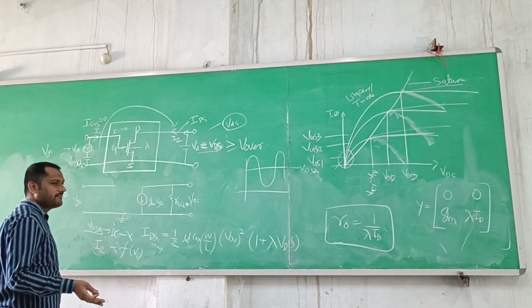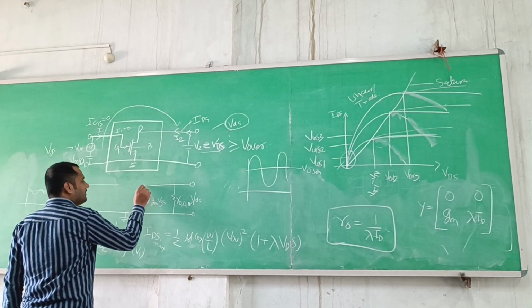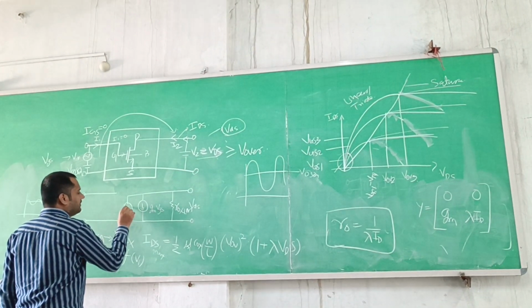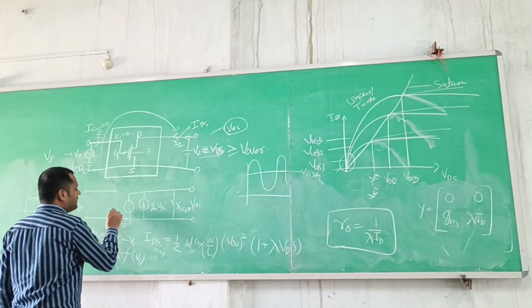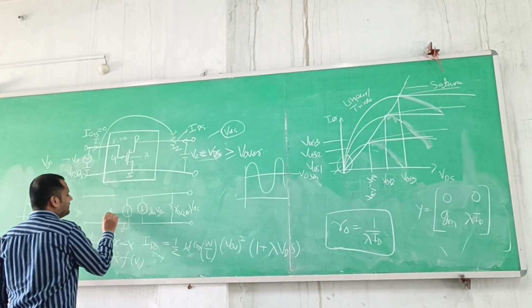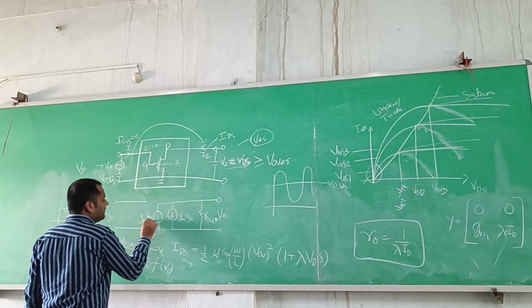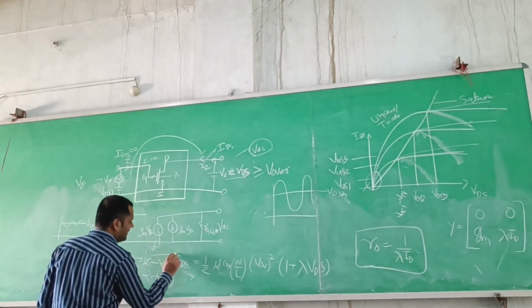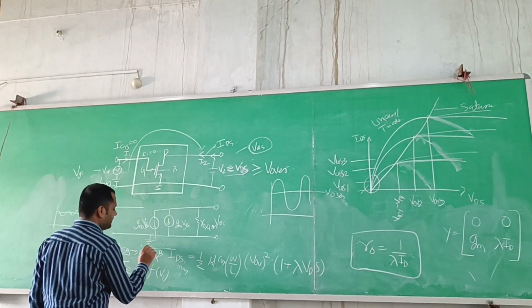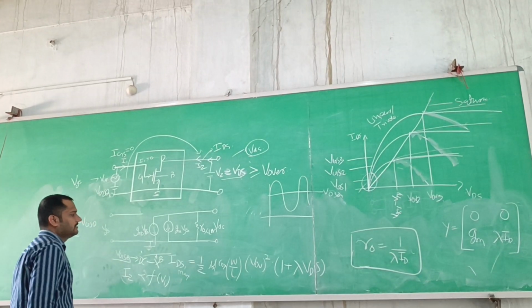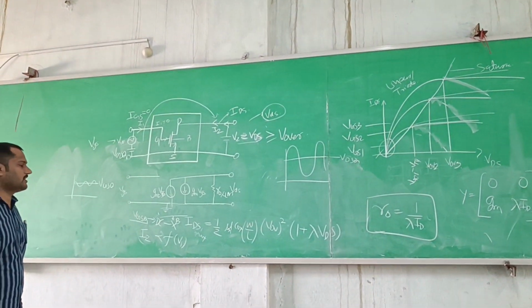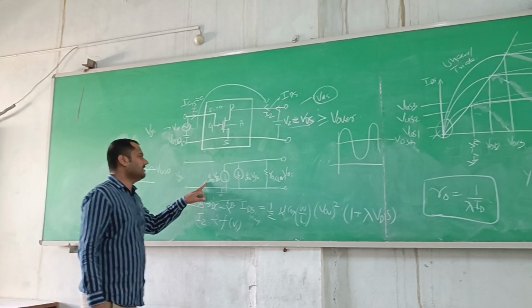We study semiconductor physics. Then another current source will come. We will call this gmb vbs. Another terminal will come into account, and this gmb will be there.